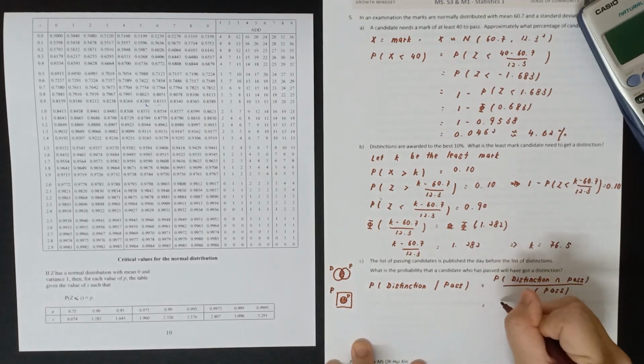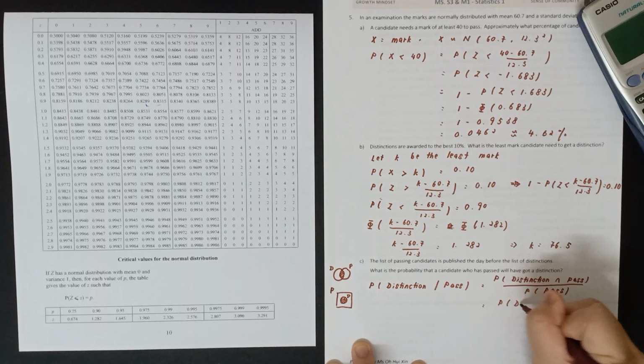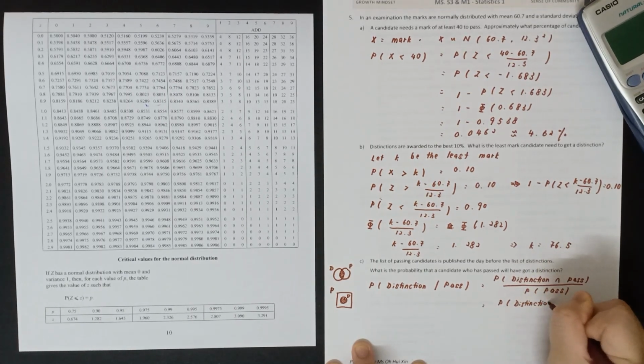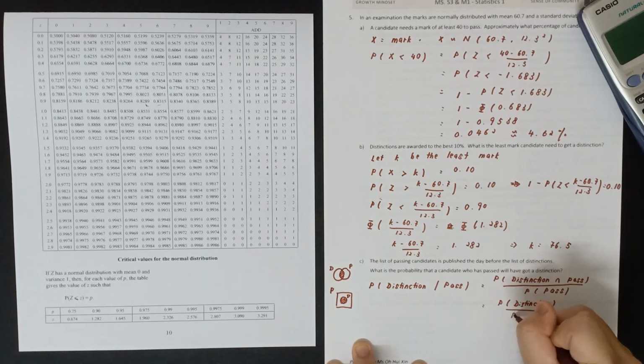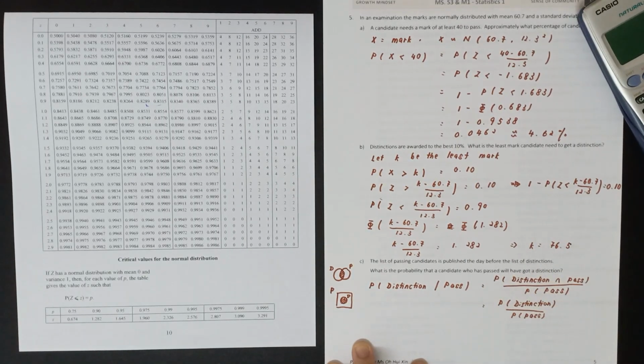So this will become probability for me to get a distinction divided by probability for me to get a pass. By reading the question, you should be able to get the probability for a candidate who had passed to have got a distinction. So you are going to get probability of distinction divided by the probability of them getting a pass.